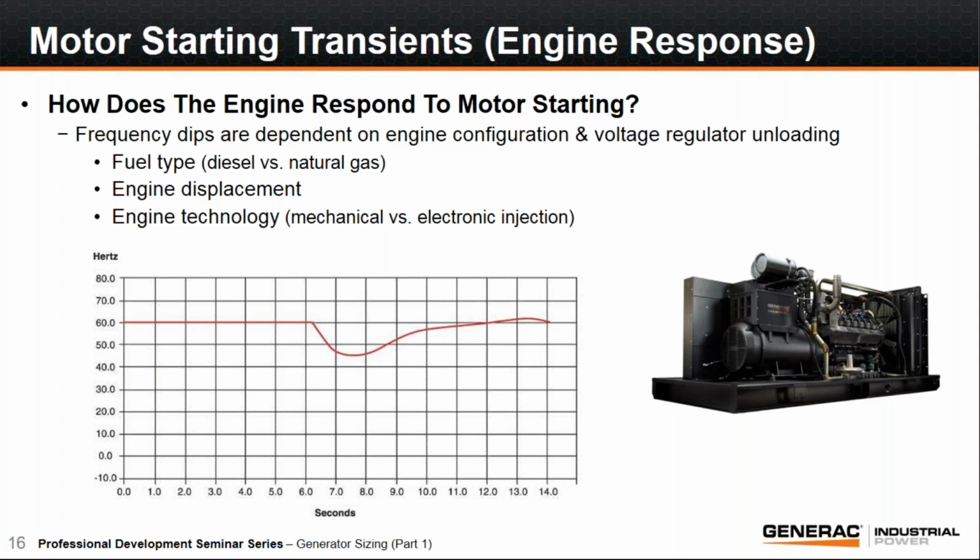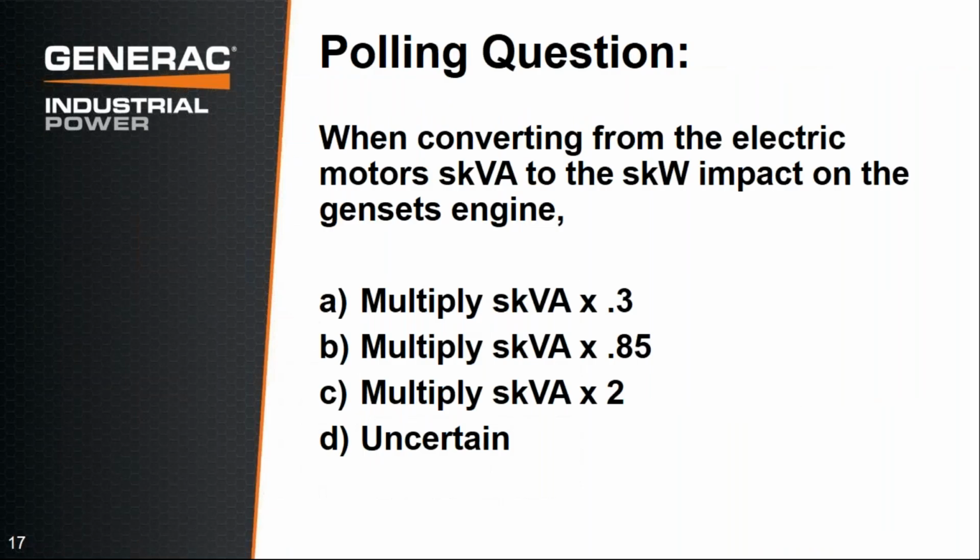It's fuel type, the displacement of the engine, the type of technology in play. So if you're looking at calculating frequency dips, you really want to use a sizing program from the OEM of the genset in order to estimate the frequency and voltage dips that you're going to see.